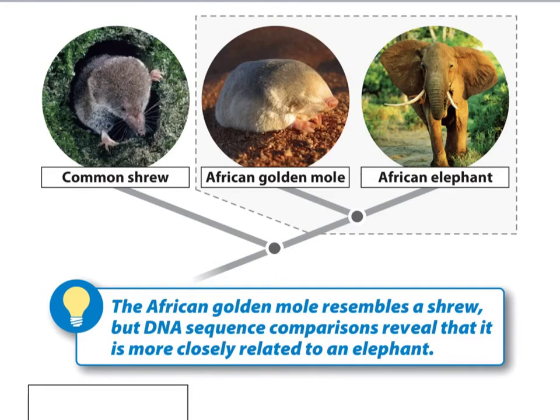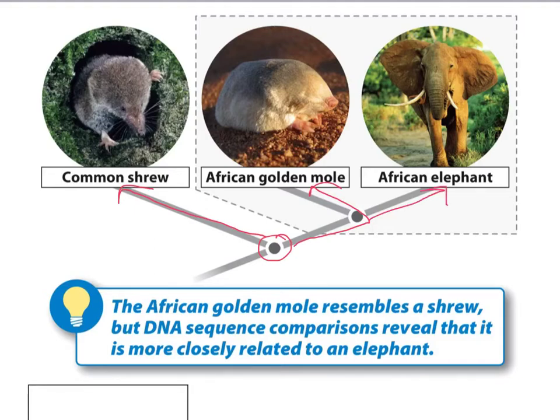I also like to point out now just how much pressure evolution can put on organisms. Here we have a phylogenetic tree that starts with a common ancestor, and one group split off and became the common shrew. Now another group separated and became the African golden mole as well as the African elephant.